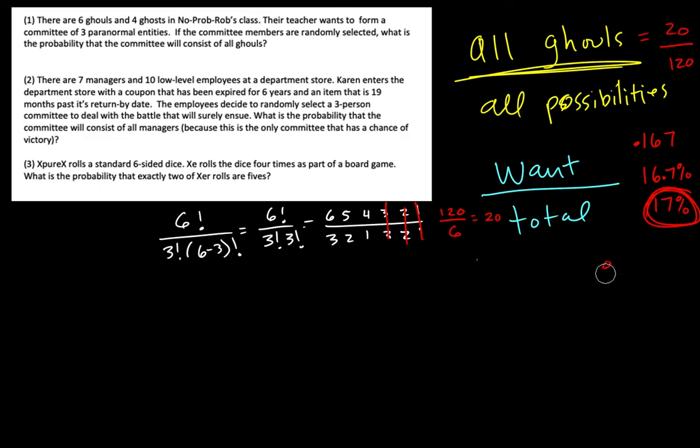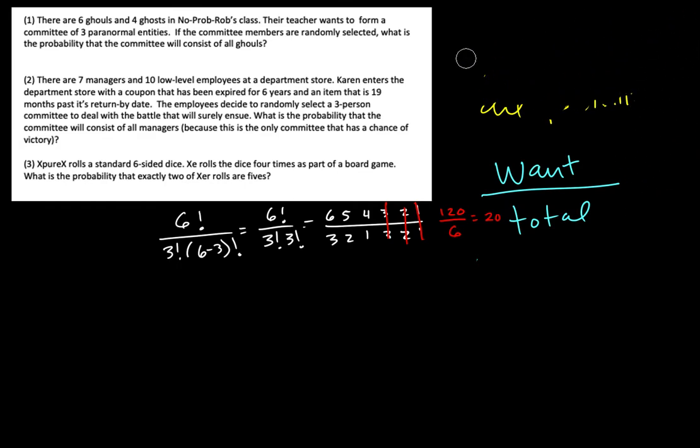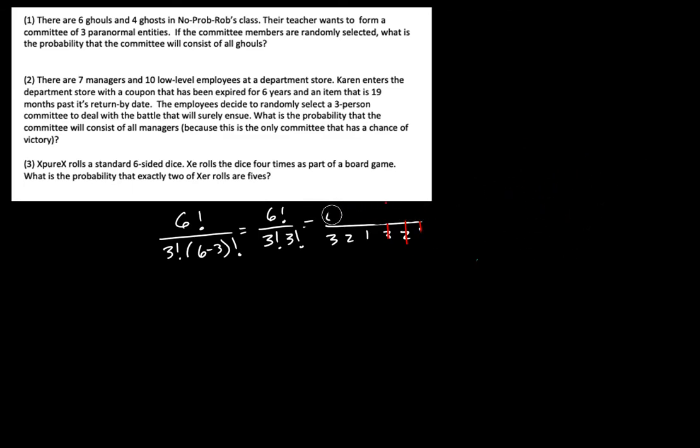So the next one is going to be pretty similar to what we just did. Okay. So number 2, there are 7 managers and 10 low-level employees at a department store.